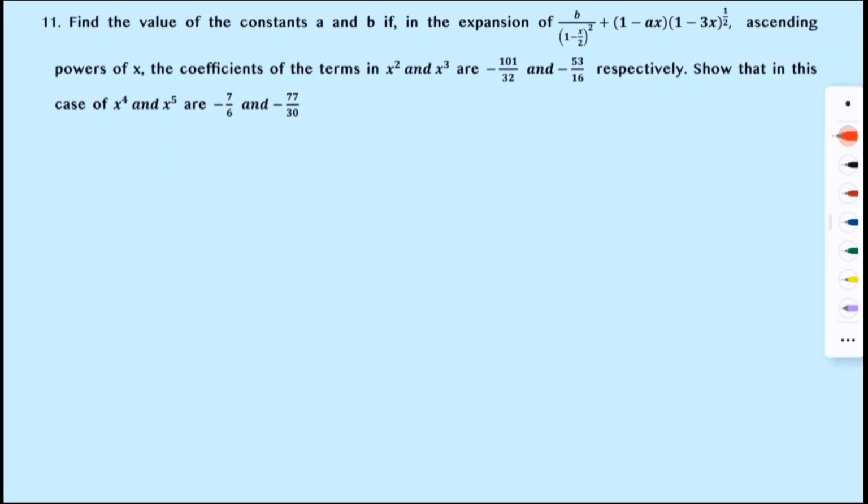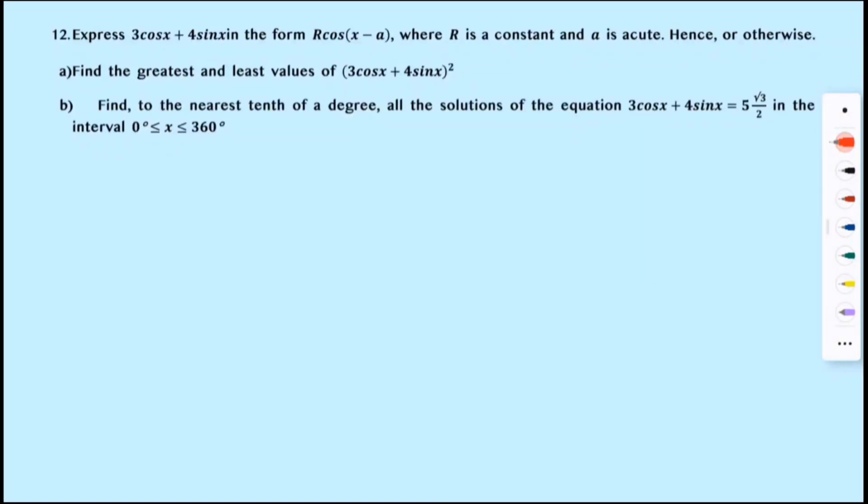Moving on to question number 11. Express 3 cos x plus 4 sin x in the form r cos(x minus a), where r is a constant and a is acute. Hence or otherwise, find the greatest and least values of (3 cos x plus 4 sin x) all squared.